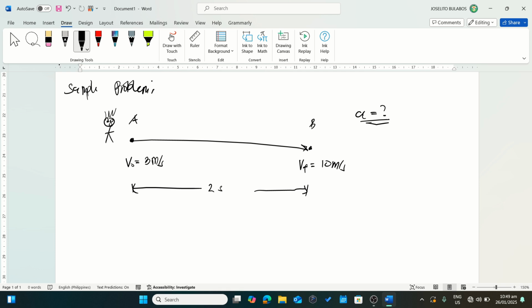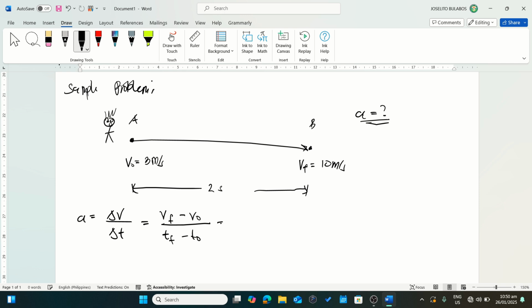So acceleration is the change in velocity over the change in time. The change in velocity is the final velocity minus the initial velocity, over the change in time, time final minus time initial.